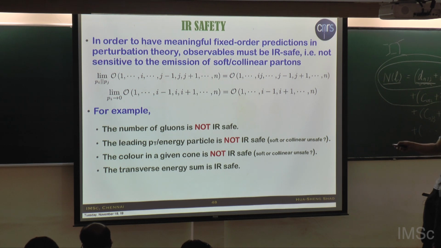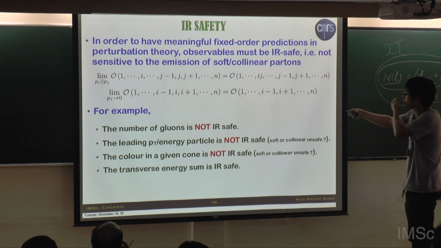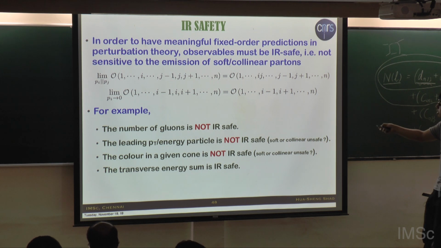So if you ask for i and j momenta to be collinear, then you just put the two particles together, to group them, right? They have the same quantum numbers in the collinear region. And if particle i is soft, you just remove this particle in your observable. This is the formal definition of IR safe observables.